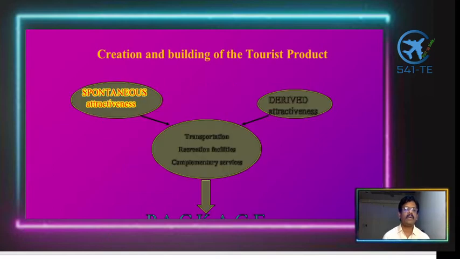When they design the product, you can see spontaneous attractions and derived attractions, and transportation, recreational, complementary services, hospitality services. All these put together make the package, the tour package.